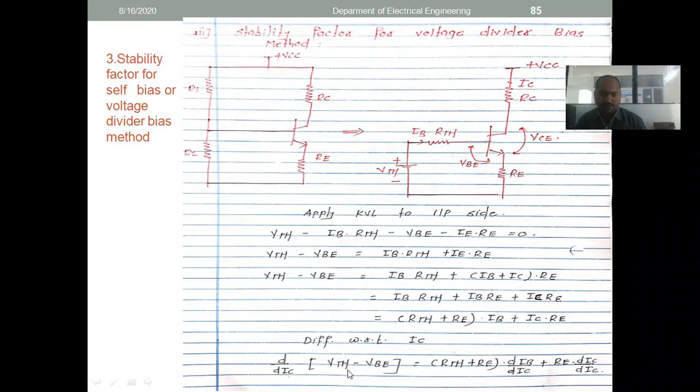So VTH is not changing. VB means base to emitter voltage. If the transistor is constructed from silicon, it is 0.7. If it is constructed from germanium, it is 0.3. So it also does not change, there should not be variation. So d by dIC is equal to 0, because d by d indicates variation, and there is no variation, so its value is 0.